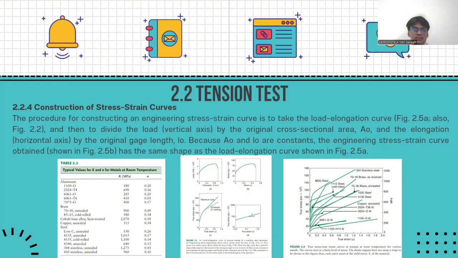Because A0 and L0 are constant, the engineering stress-strain curve shown in Figure 2.5b has the same shape as the load-elongation curve shown in Figure 2.5a.